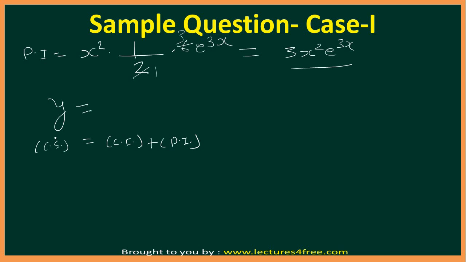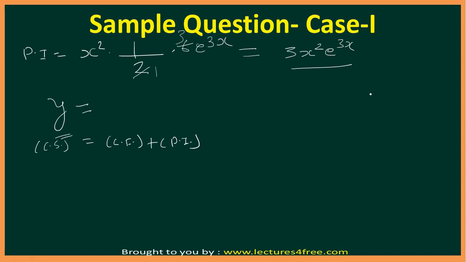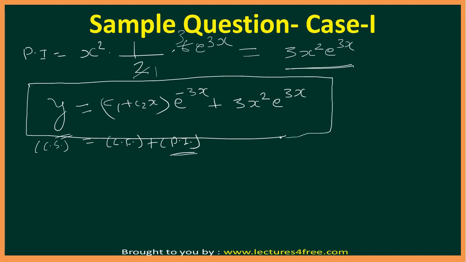This is your complementary function, c1 plus c2x into e to the power minus 3x, plus the particular integral, which is 3x square e to the power 3x. So finally this is your complete solution, the solution of this equation. This is your answer.